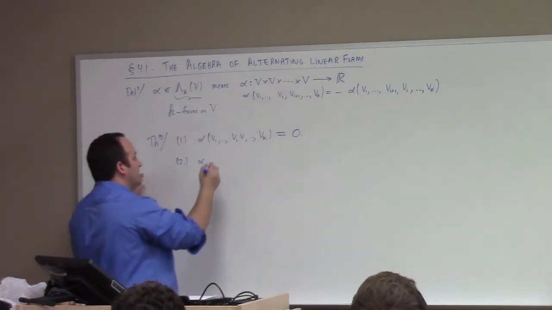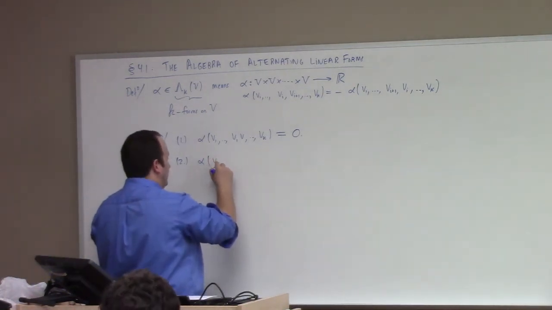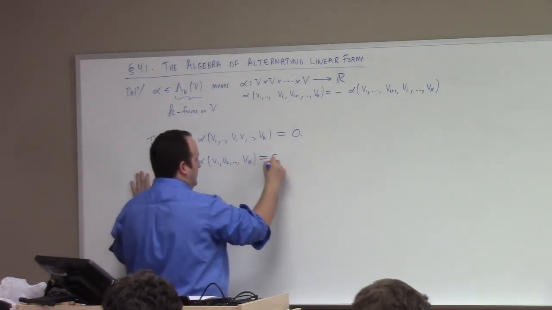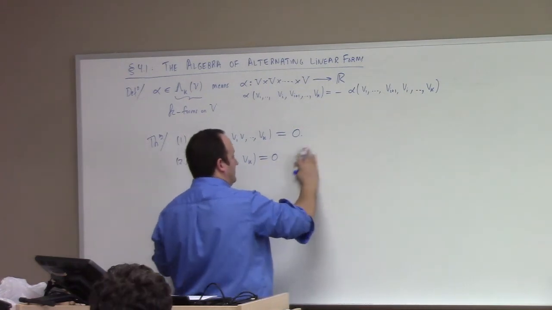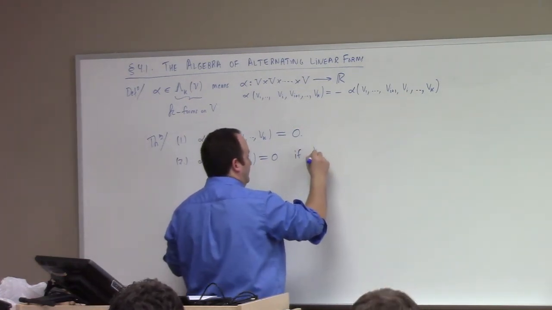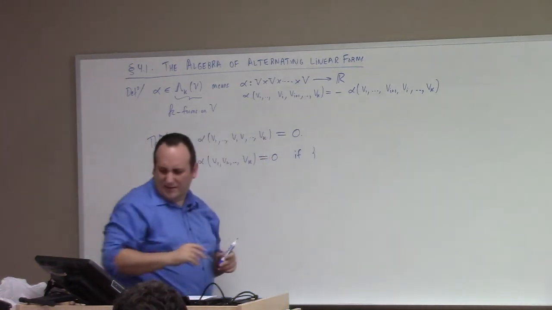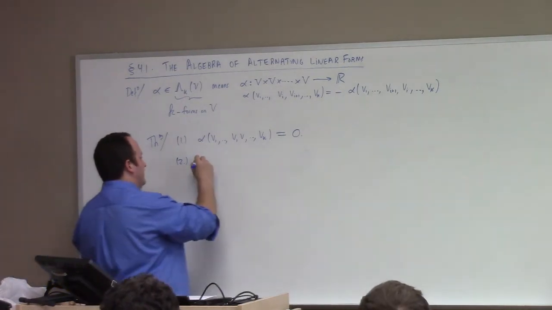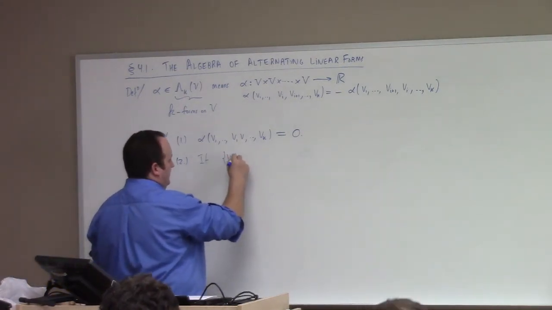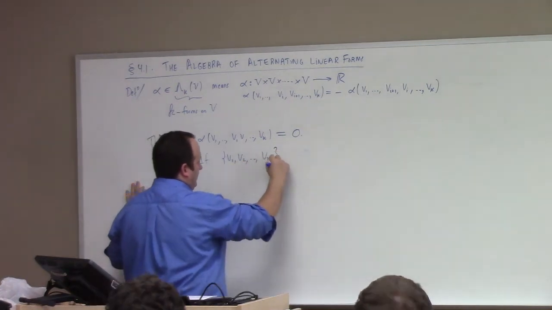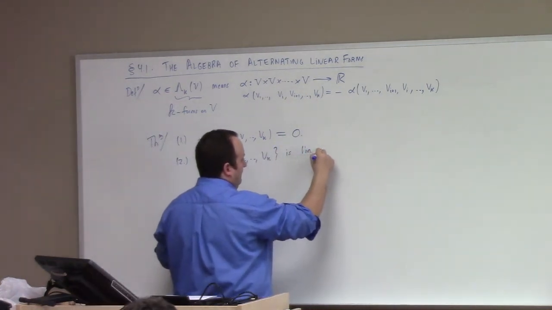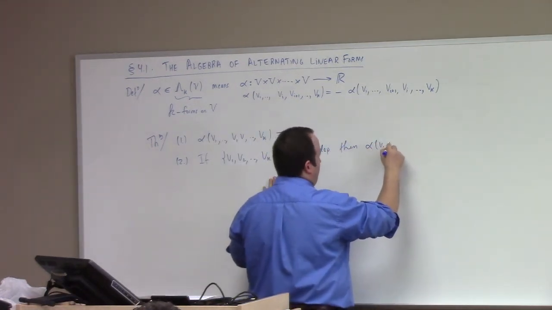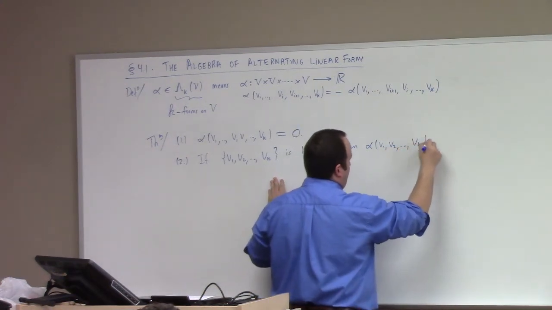And then also, number two, if v1, v2, ..., vk is linearly dependent, then alpha of v1, v2, ..., vk is equal to 0.